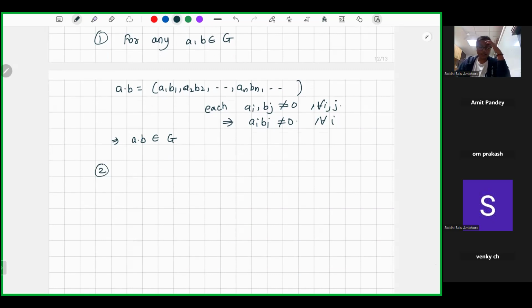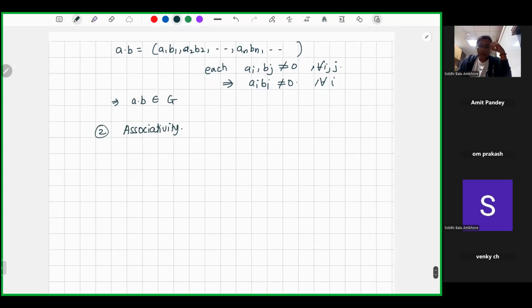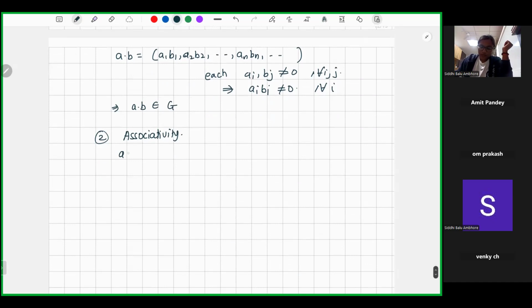Now the second condition, the associativity. If I take a, b, c in G, then (a b) c will be (a1 b1) c1, (a2 b2) c2, and so on.